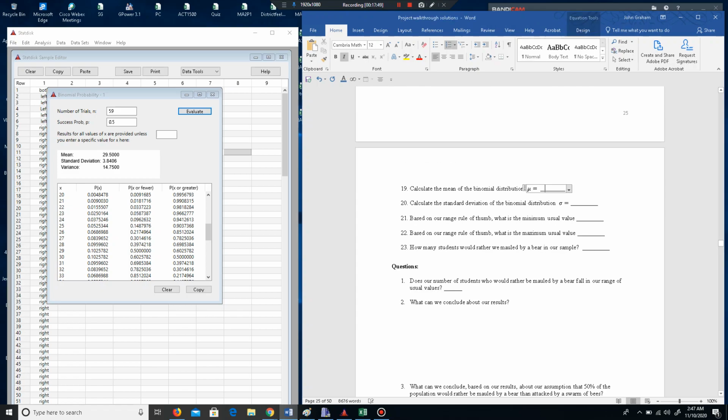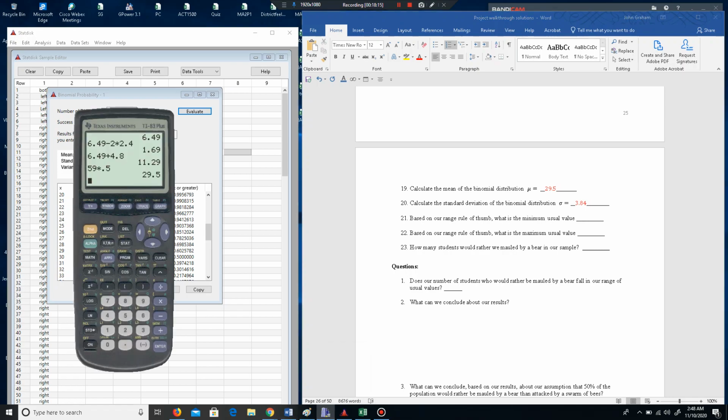Right, so mean 29.5, standard deviation 3.84. Based on this, we are looking at, let me get my calculator out, 29.5 plus 2 times 3.84.